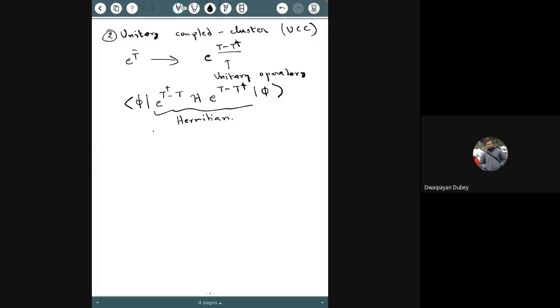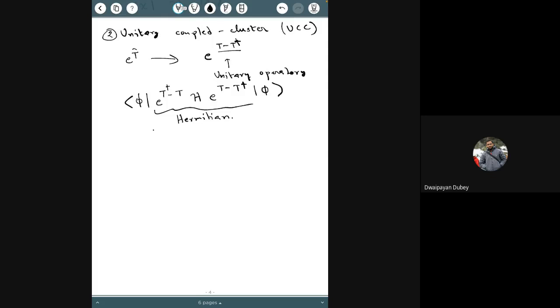But then you see again we have both T dagger and T on the left and right, and because of the same argument as variational coupled cluster, you end up with an infinite, non-truncating series of terms in your working equation, which again becomes unfeasible.